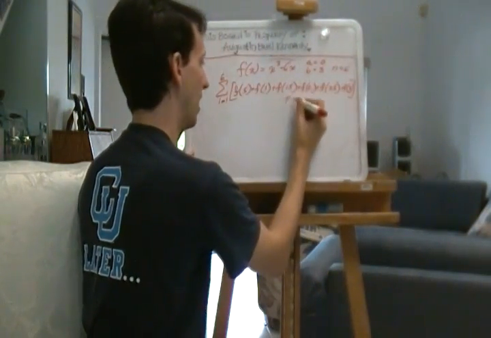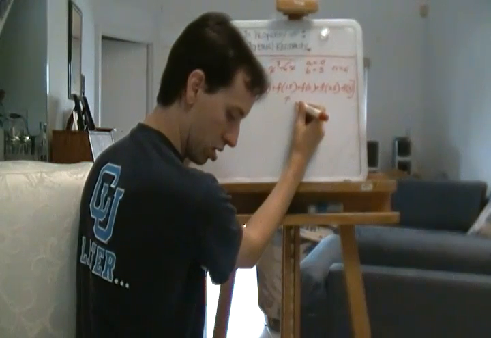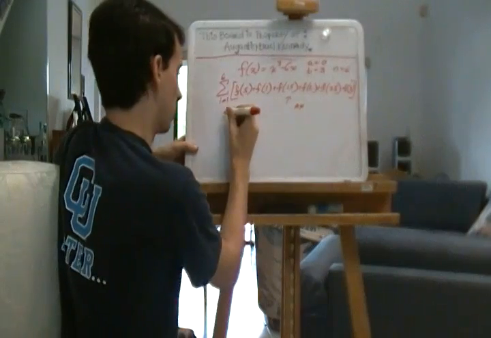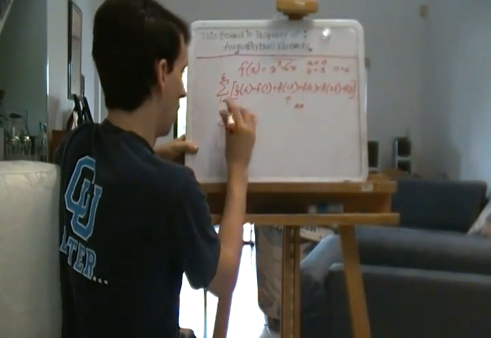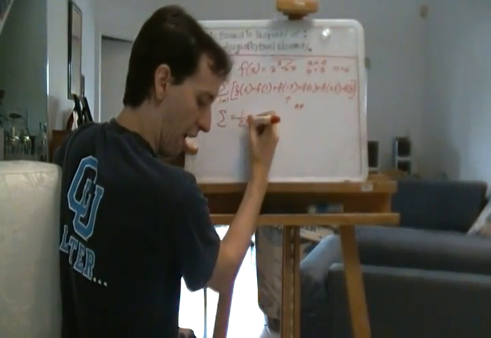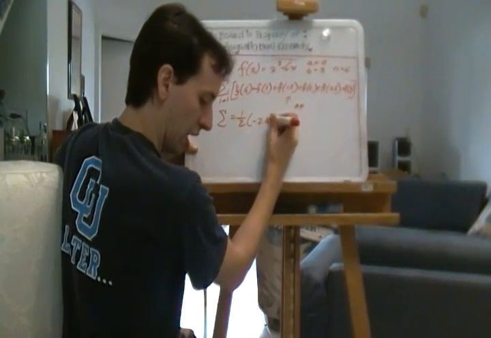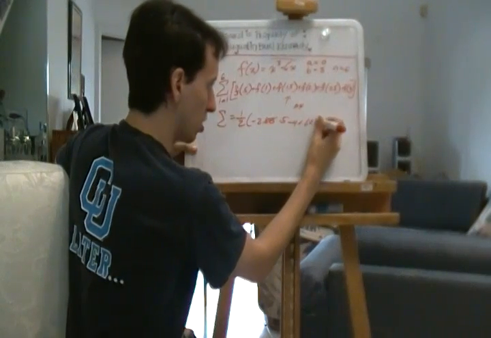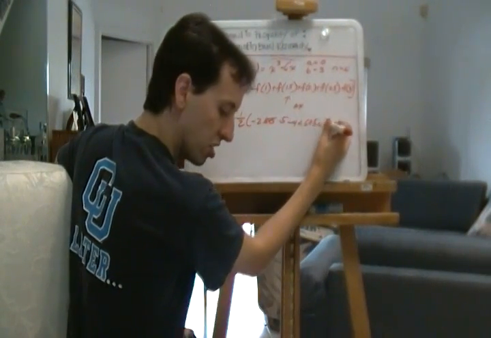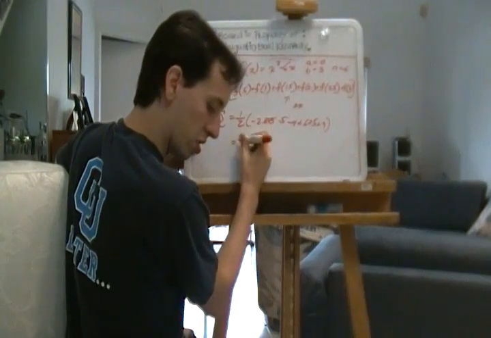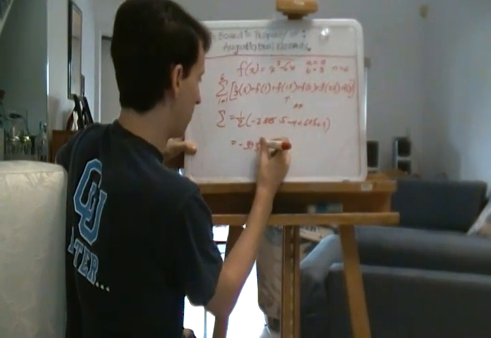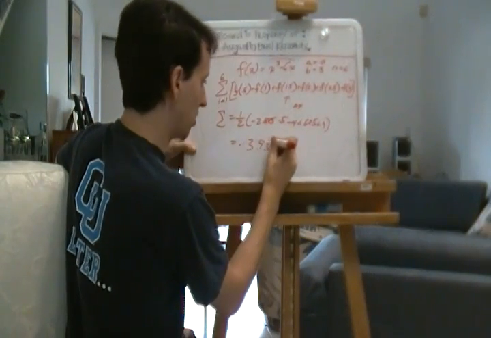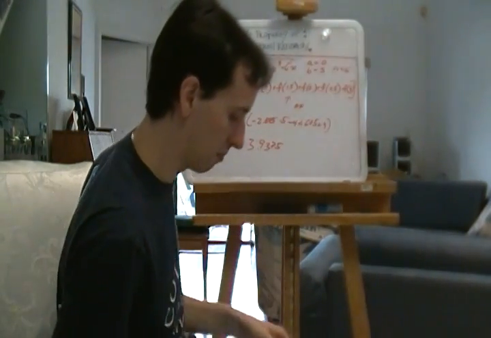You're going to multiply that times delta x. So that's going to give us 1/2 times negative 2.875 minus 5 minus 4 plus 0.625 plus 9, which equals negative 3.9375. Okay, great.